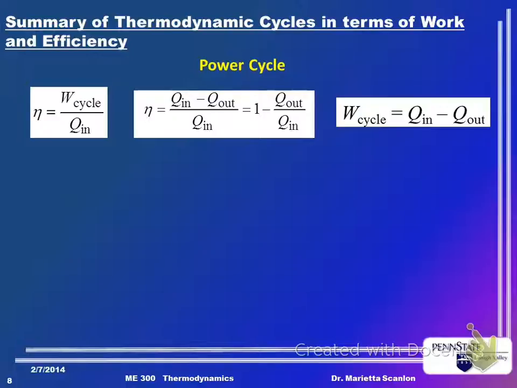So if I recall that W cycle is Q in minus Q out, and I rewrite the equation, I end up with the efficiency is 1 minus Q out over Q in. Why isn't it Q in over Q out as the ratio? Because Q in is always going to be larger than Q out, and the ratio has to be less than 1.